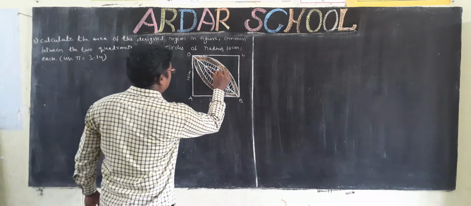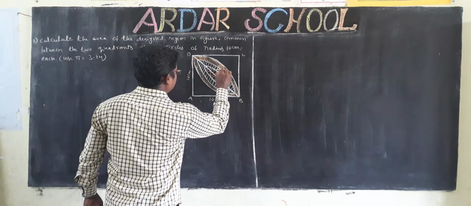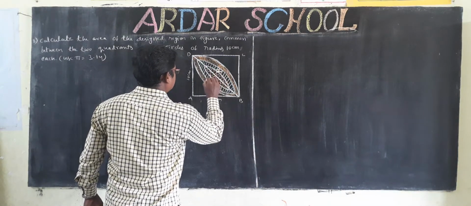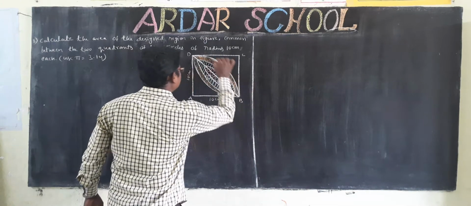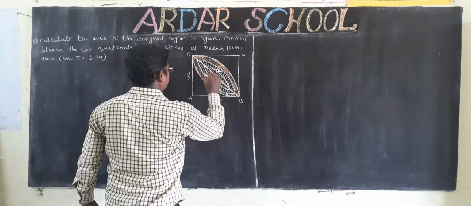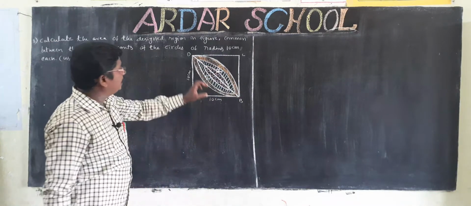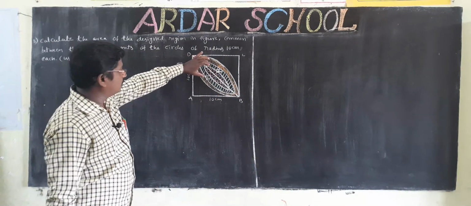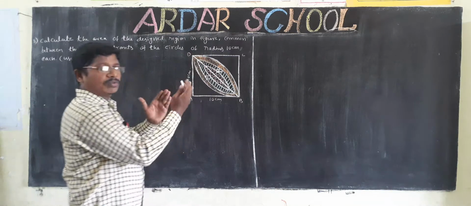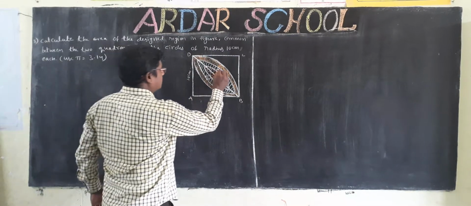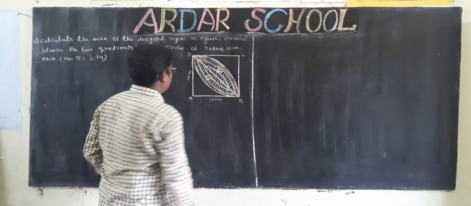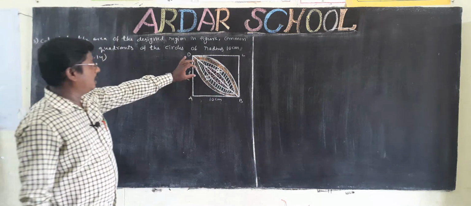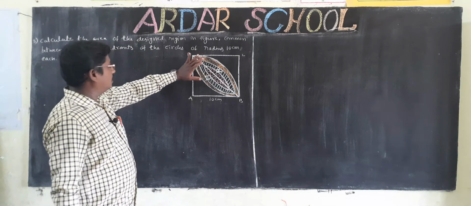This is the first part, this is the second part. So BD divides the designed region into two equal parts. So now we have to find the area of this shaded designed region.